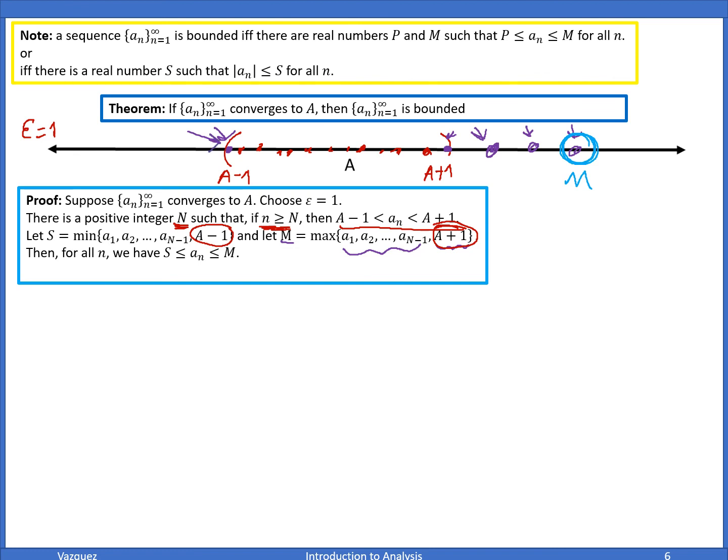That means that that bound would work. But because we had points outside, lower than that, well, then we got the lowest point to those. But that's why we consider A minus 1, and the same concept, same idea with A plus 1.